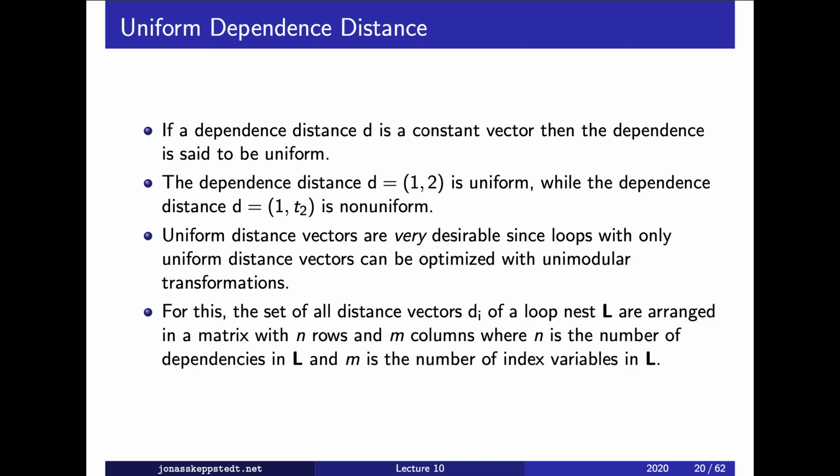And when we analyze all pairs of references, that means pairs with the same array variable or matrix variable, then we are only interested in the set of dependence vectors. Each one is sometimes called a distance vector, or sometimes a dependence vector, or dependence distance.